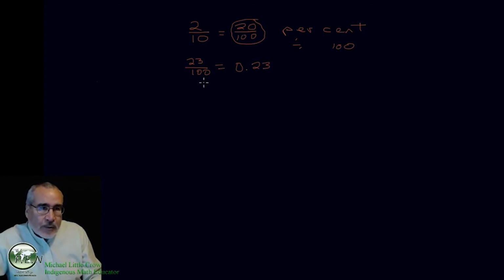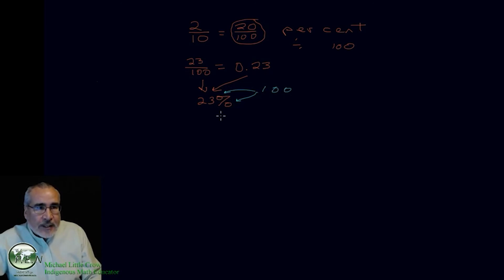A non-numerical way to write this, and again it's strange because it's using numbers, is that we also write 23 over 100, or 0.23, as the number 23 and then put this symbol on it, percent. Now let me highlight what that symbol means. The two little O's here and here come from the zeros in 100.